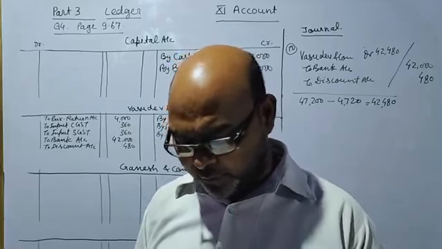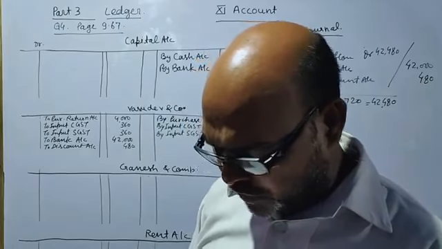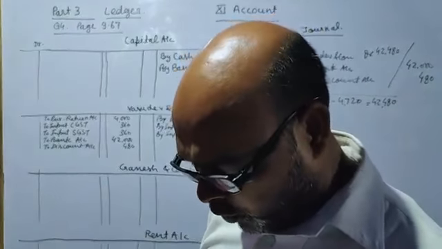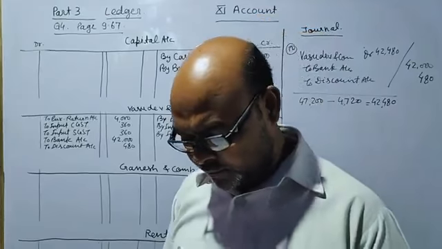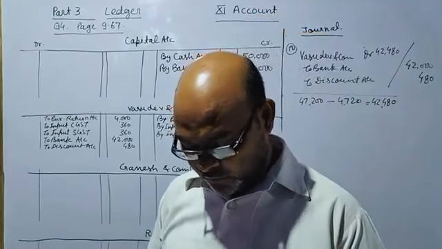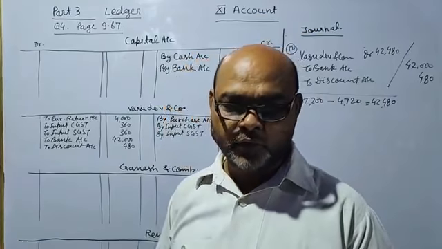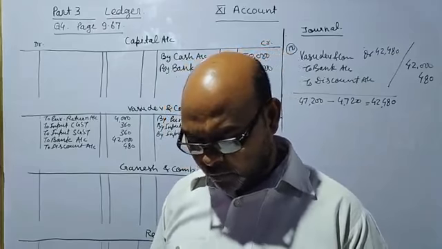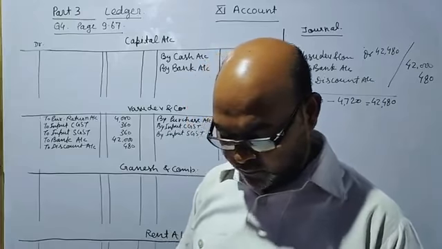You have purchased the machinery. So machinery account debit 80,000 and 50,000 owner paid from his own pocket. So to capital account 50,000 and to bank account 30,000. So machinery account debit 80,000, to capital account 50,000 and to bank account 30,000.